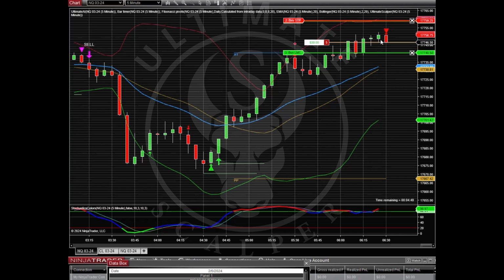Okay, we did have a breakout here, and I got in just a little bit late on the second breakout. We have Ultimate AI signal with a small arrow underneath it. Let's see if we can make any kind of money on this trade.